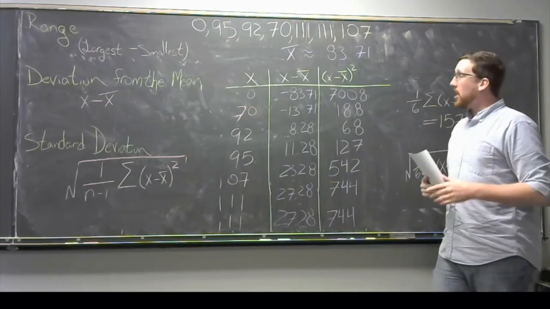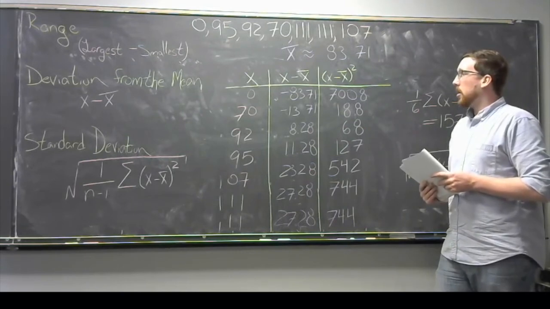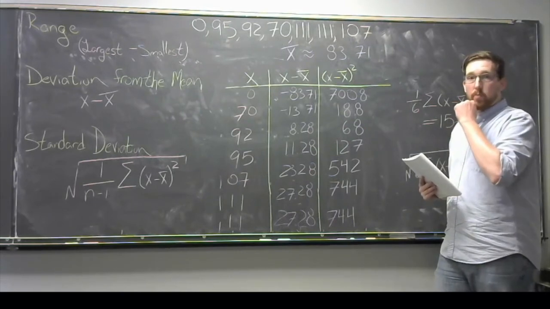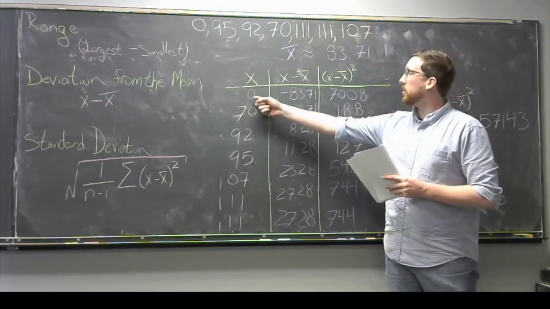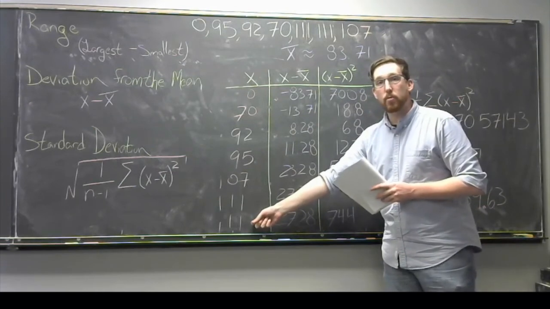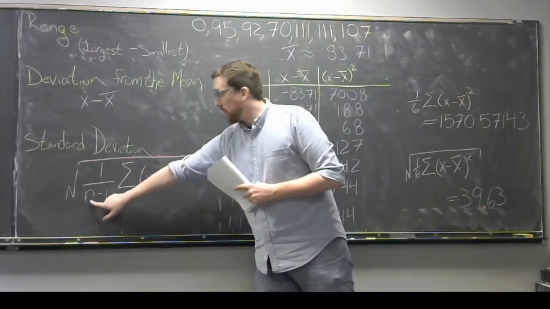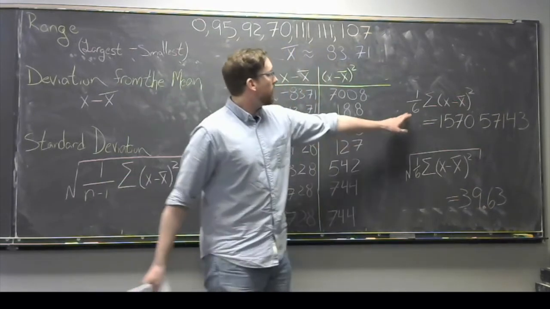And now, we're going to add all of these together. After we add them all together, we're going to divide by 6. And we're dividing by 6 because we have 1, 2, 3, 4, 5, 6, 7 data points. 7 minus 1 is 6. So we divide by 6.